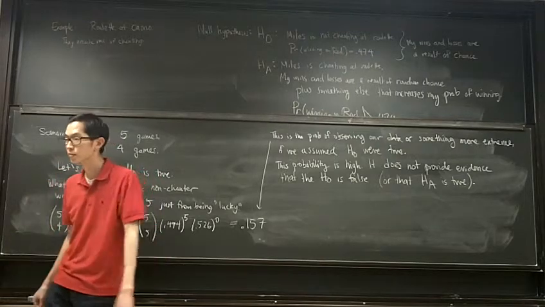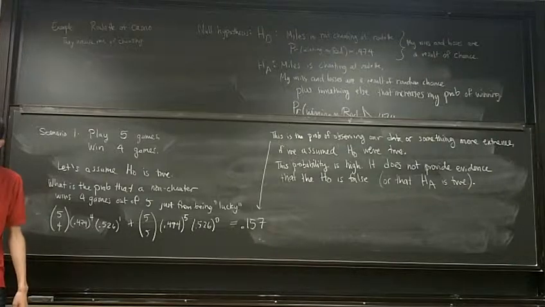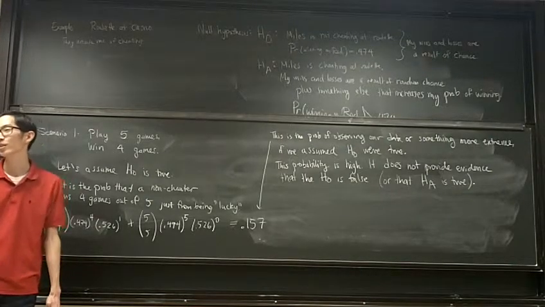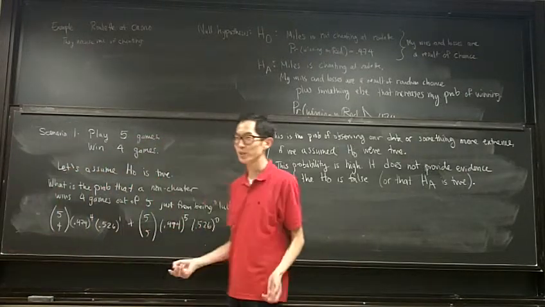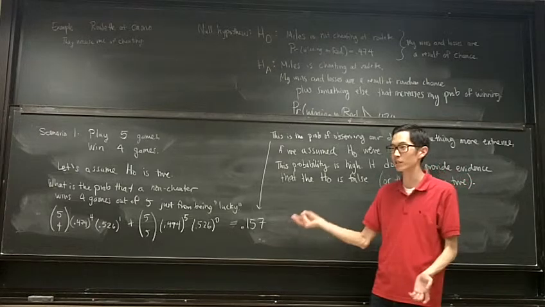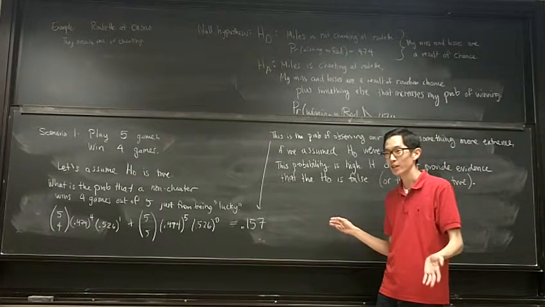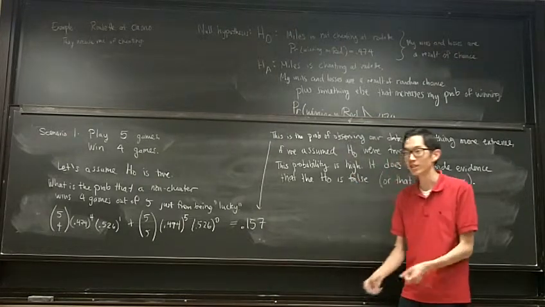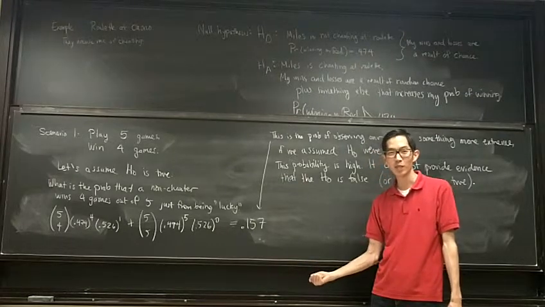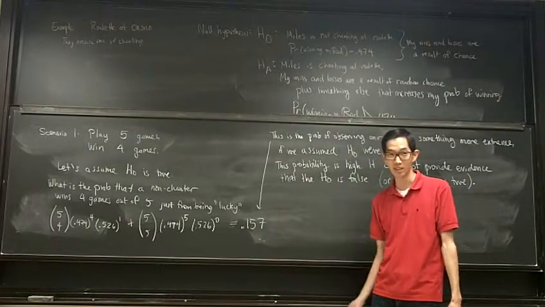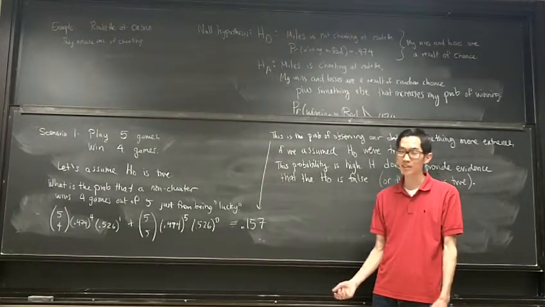We set an arbitrary line, okay? And actually the researcher can choose whatever level is going to be high or low. I mean, 16% is not high, but it's certainly not low enough to just say you're cheating, right? If somebody says, watch this, I can do magic, I'm going to roll a die and it's going to land on 5, and then they roll a die and it lands on 5, that's not going to be that impressive.